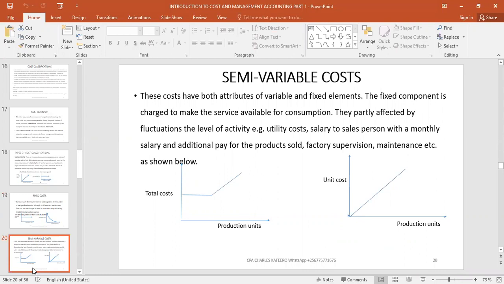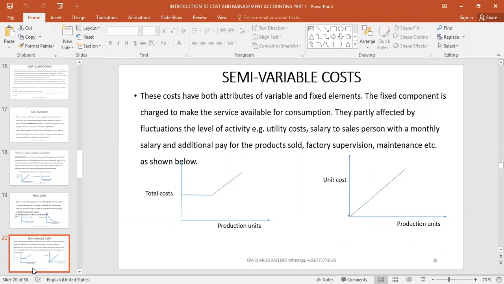They have a variable component and a fixed component. The reason why we are incurring that fixed component is that it is the cost you incur for the service to be available or for the items to be available. It's like the minimum you are incurring for the service to be available.